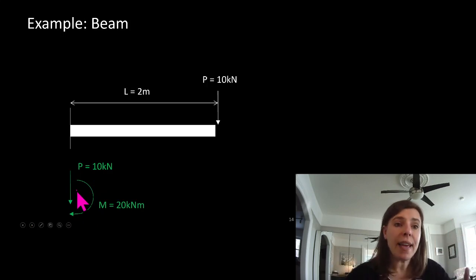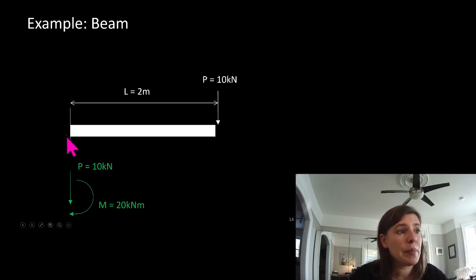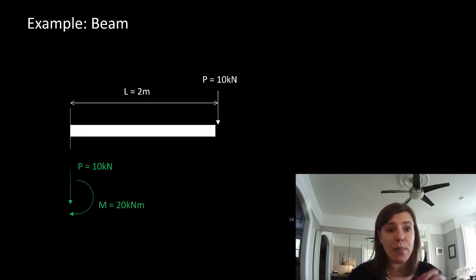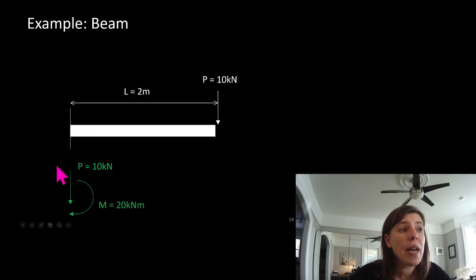Remember, at the end of last term we spent a lot of time saying for this not to move up and down or slide in space, there has to be reactions here. What we were essentially doing is figuring out the equivalent force and moment that this causes, and then applying the reaction.